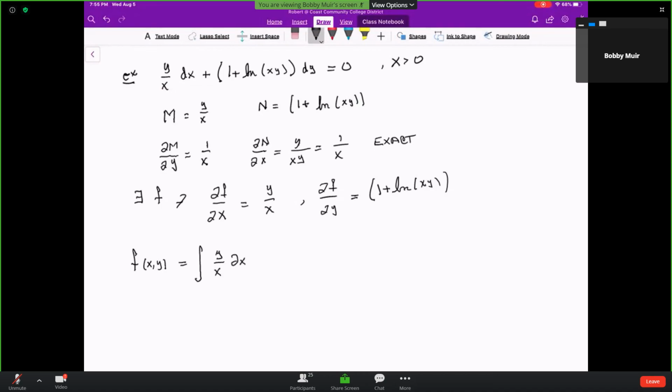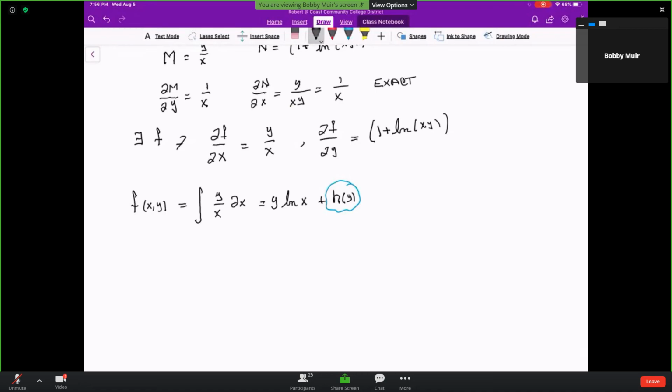That's notation. So this is y times the natural log of x, don't need absolute value because x is positive, plus a function of y all by itself. Because if I took the partial derivative with respect to x of what I result with, this whole thing would disappear.